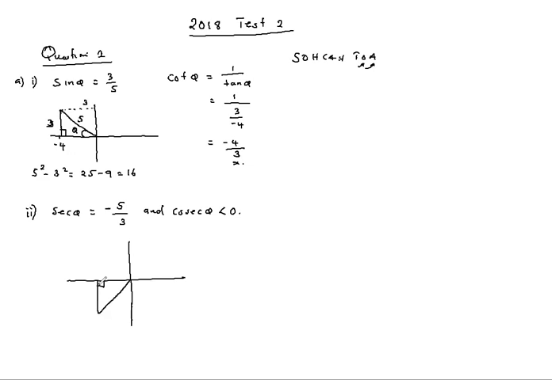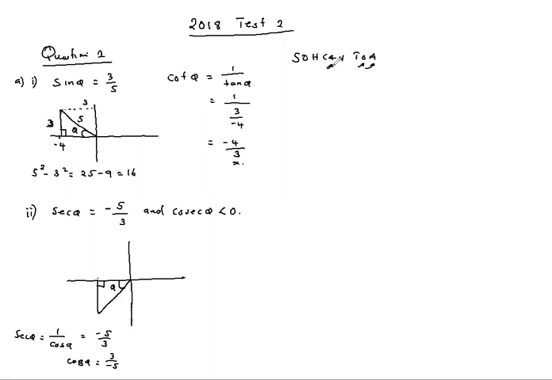So this becomes 90. This becomes theta. And sec, remember, is 1 over cos. So for it to be negative 5 over 3, we have cos theta to be 3 over negative 5. Cos is adjacent over hypotenuse.